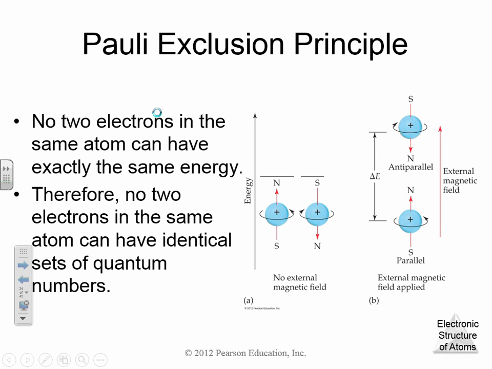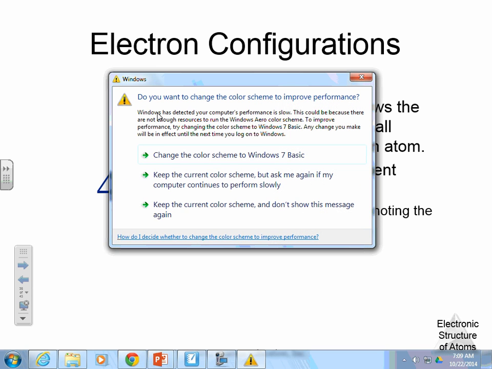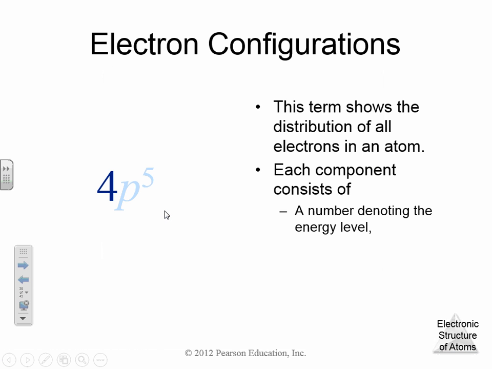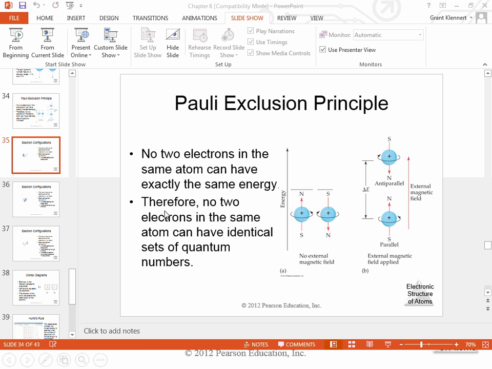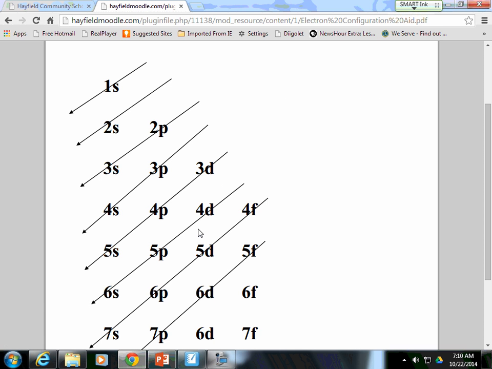So let's talk about electron configuration a little bit. Remember, electron configuration is when we do the 1s2, 2s2, 2p6, 3s2, 3p6, on and on. Just for your reference, I want to review what that looks like. If you take a snapshot of this picture, this is the order in which the energy levels go.